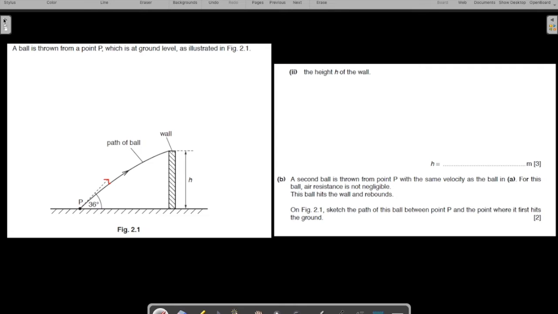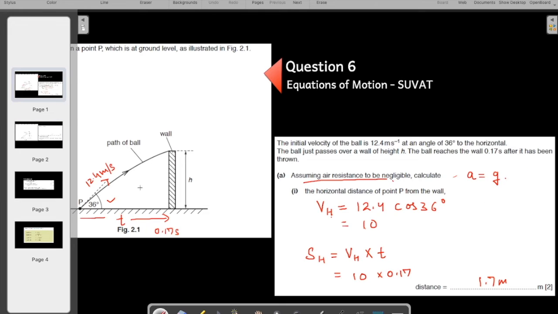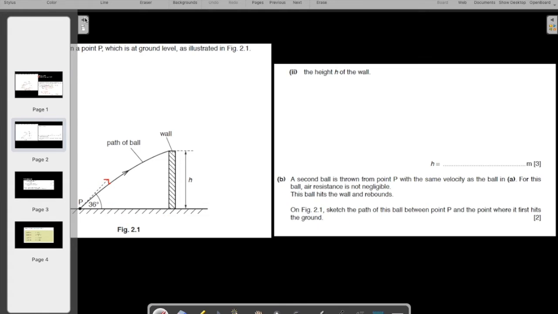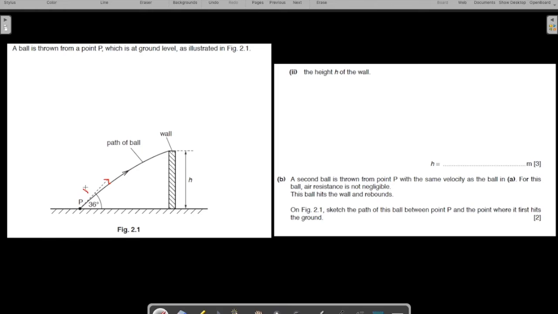So here the velocity was given to you in the question, 12.4. So what is the vertical component of the velocity? What is the vertical component? Initial vertical component will be how much?